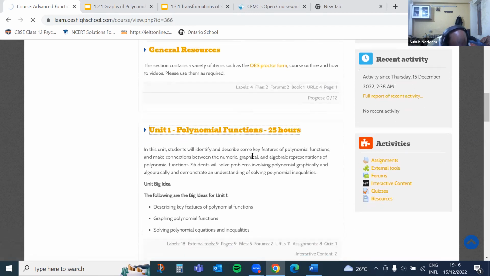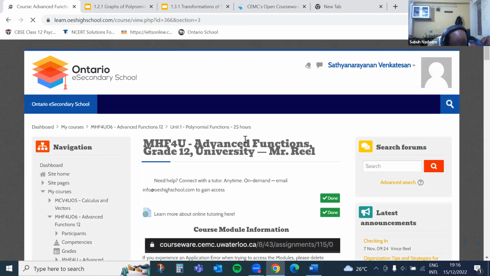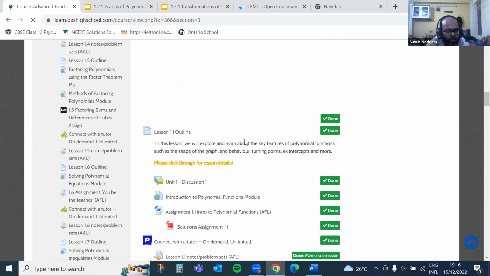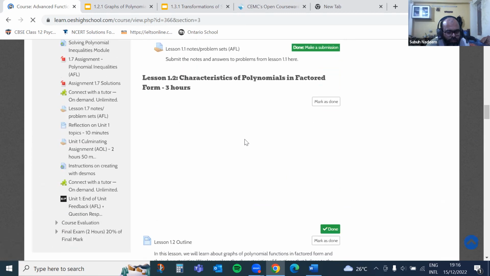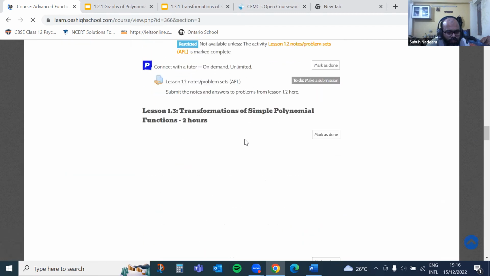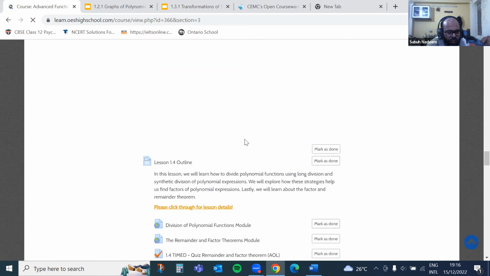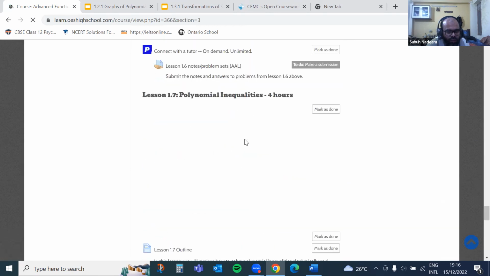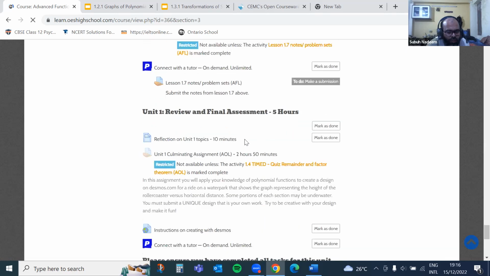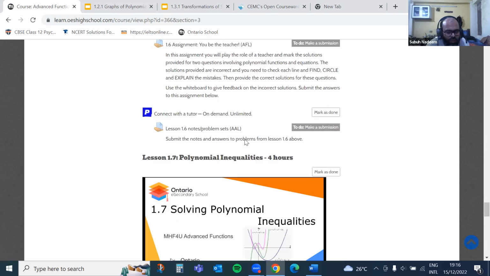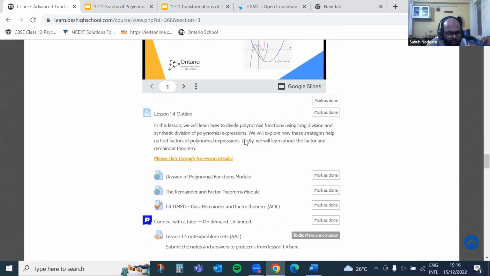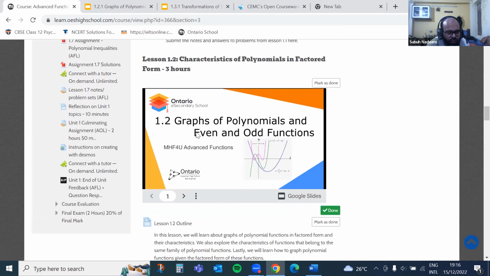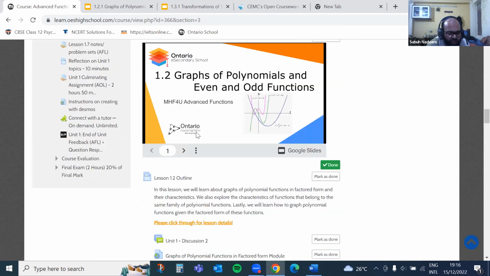In unit one, there are one, two, three, four, five, six, seven subunits. We have completed the first two subunits today. See this one, we finished, graphs. And there are a total of seven subunits.